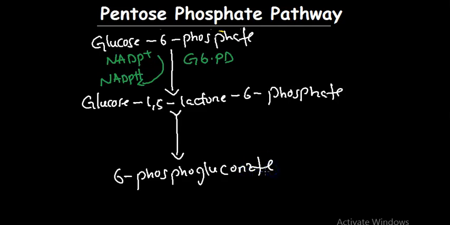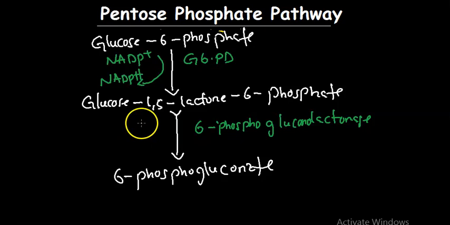By which enzyme? Here is the enzyme, 6-phosphogluconolactonase. And this is what hydrolyzes the glucose 1,5 lactone 6-phosphate into 6-phosphogluconate.